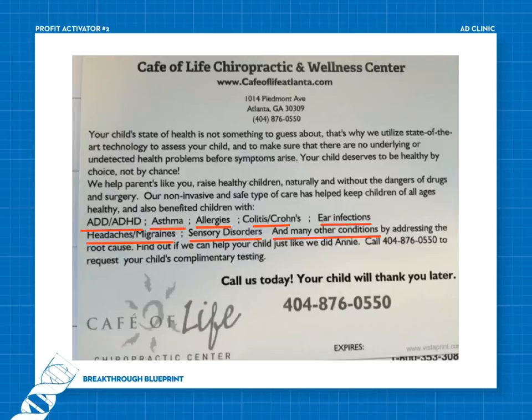The only thing that we want to do is to get those invisible prospects. Remember, we talked about the difference between visible prospects and invisible prospects. Parents of children with ear infections are invisible prospects, so we have to get in front of them with a message that's already on the front of their mind.